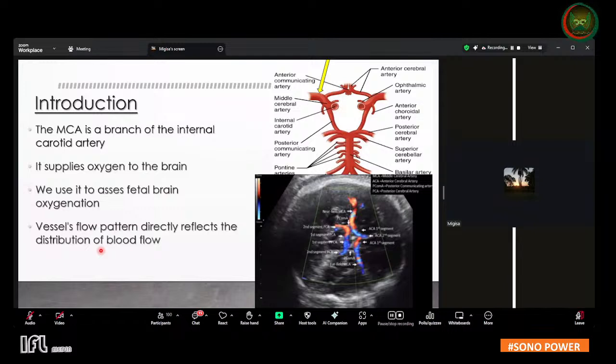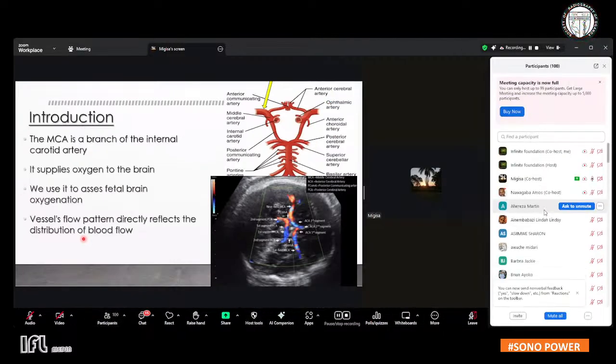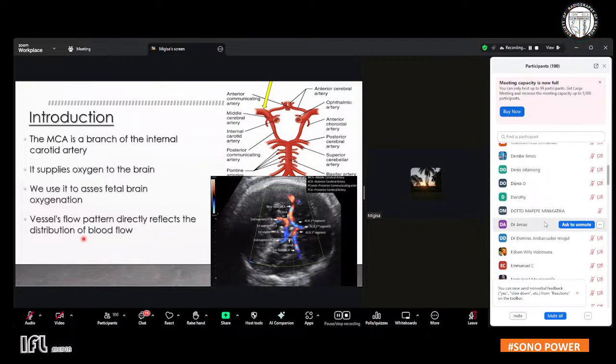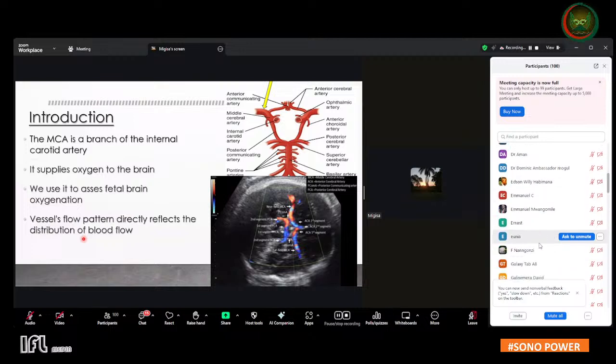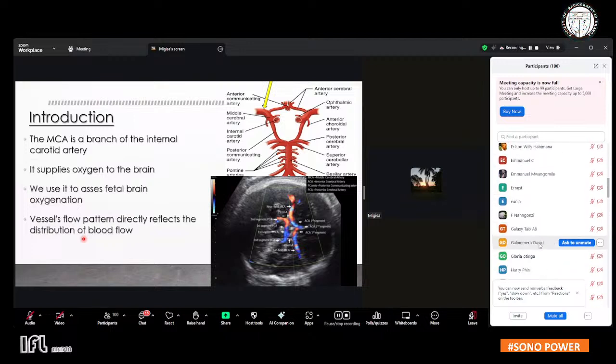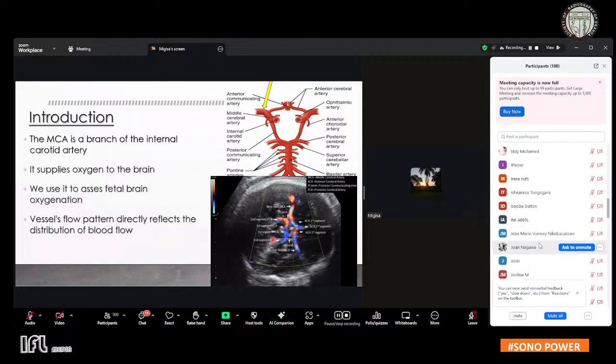For example, in times of stress or fetal compromise, the flow patterns will be directly reflected in the blood flow. Like Mr. Lukenge already told us, this other image shows how the middle cerebral artery looks sonographically.